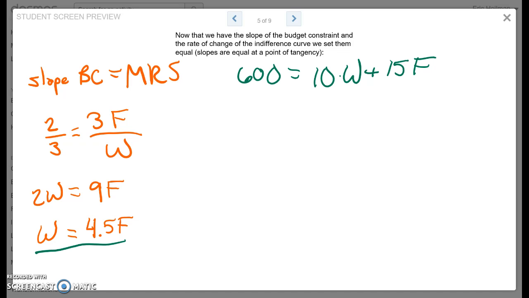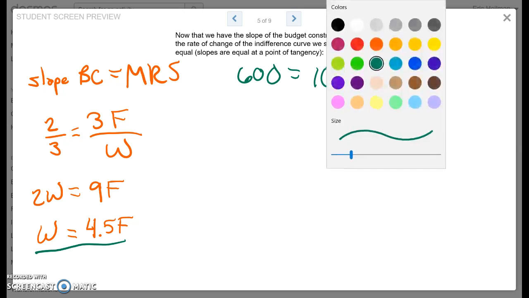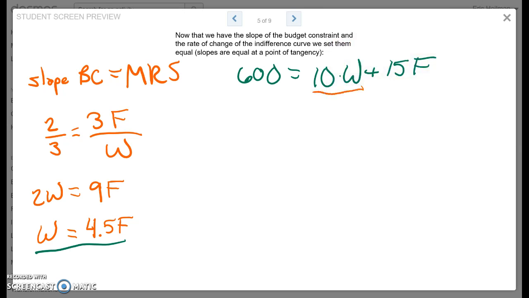So we know that we need to end up on our budget constraint line, which means that we need to spend all of our income. So we know that at the optimal bundle, the amount of money that we spend on water, which is 10 times the amount of water we consume, because the price of water was $10, plus $15 times the number of units of food we consume has to add up to $600. We need to spend all $600.